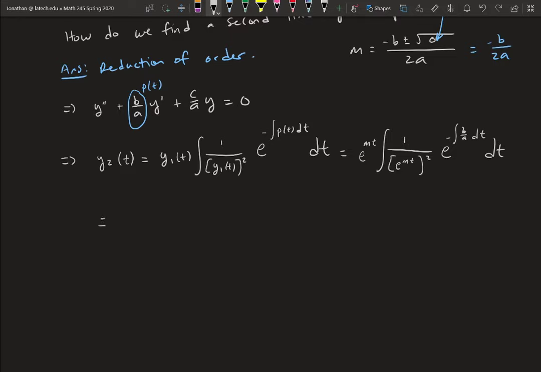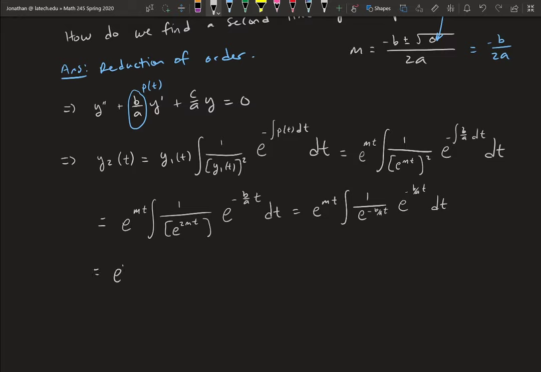So in this integral, we get e to the mt times the integral of 1 over e to the 2mt, times e to the negative b over a t dt. Since 2 times m is negative b over a, we get 1 over e to the negative b over a t times e to the negative b over a t dt, which is just e to the mt times the integral of 1 dt.